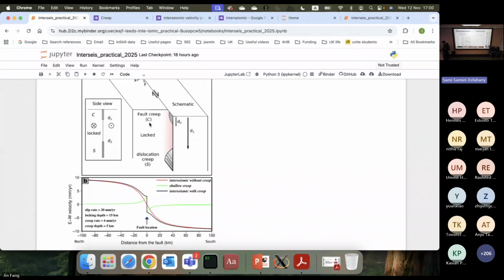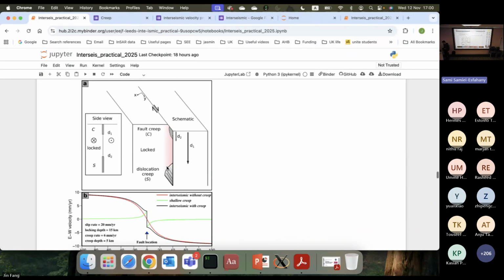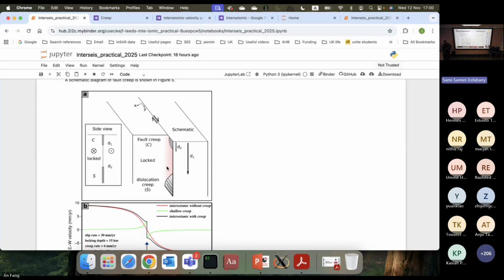C is for creep, D2 is creep depth, S is slip rate, D1 is locking depth. So there is creeping at the rate of C between the surface and the depth D2, and a deeper interseismic slip S occurs below depth D1.